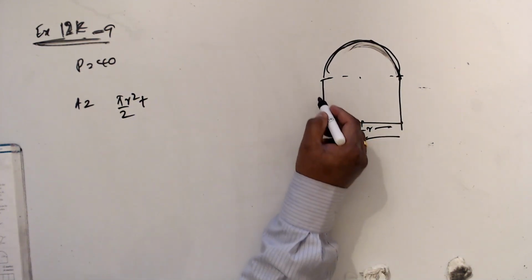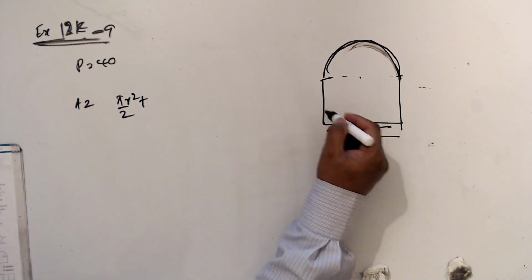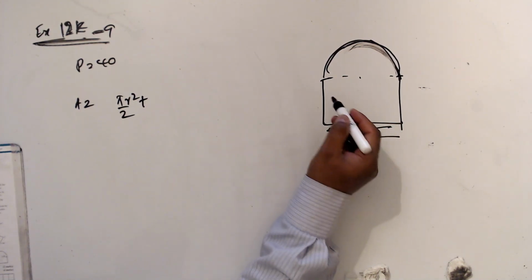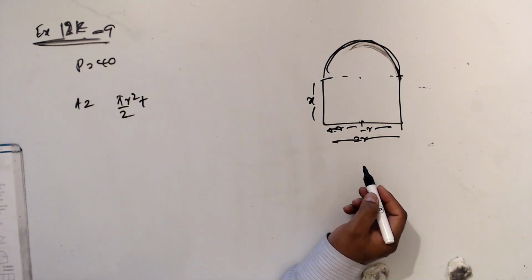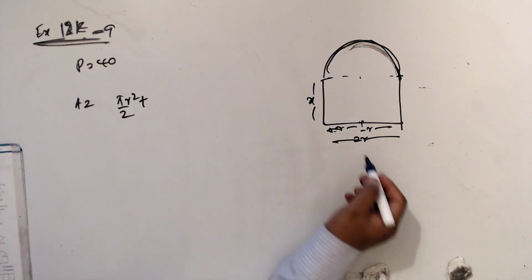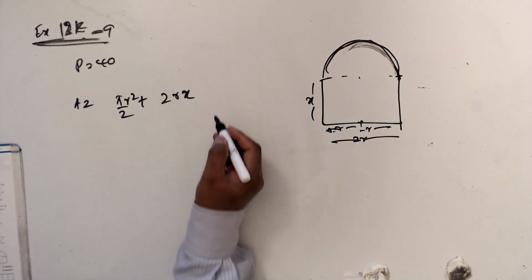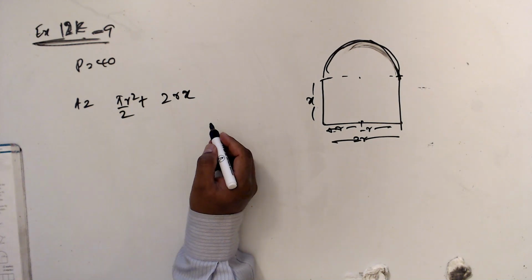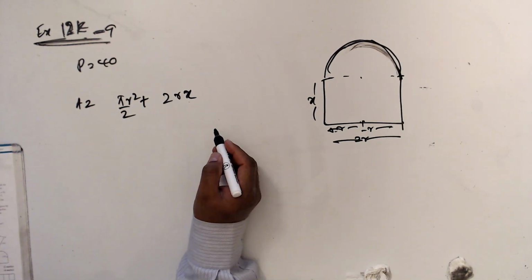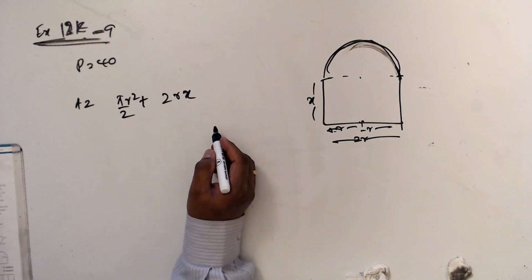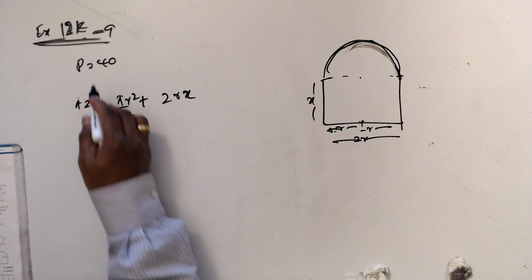Now this rectangular area is length multiplied by width. There's no width, so I'll take this as X. Now I can write 2RX. When I look at the given formula, there is no X, so I have to remove X. So how am I going to remove X? I need to use this one. P equals 40.